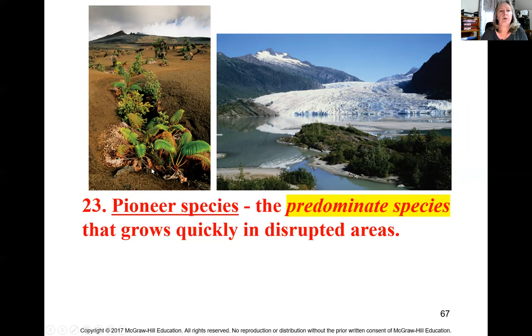So when you have a disruption, the first things that grow back after that are called pioneer species. They're going to be the predominant species. And again, typically it's because you've got a lot of seeds already present in the soil.